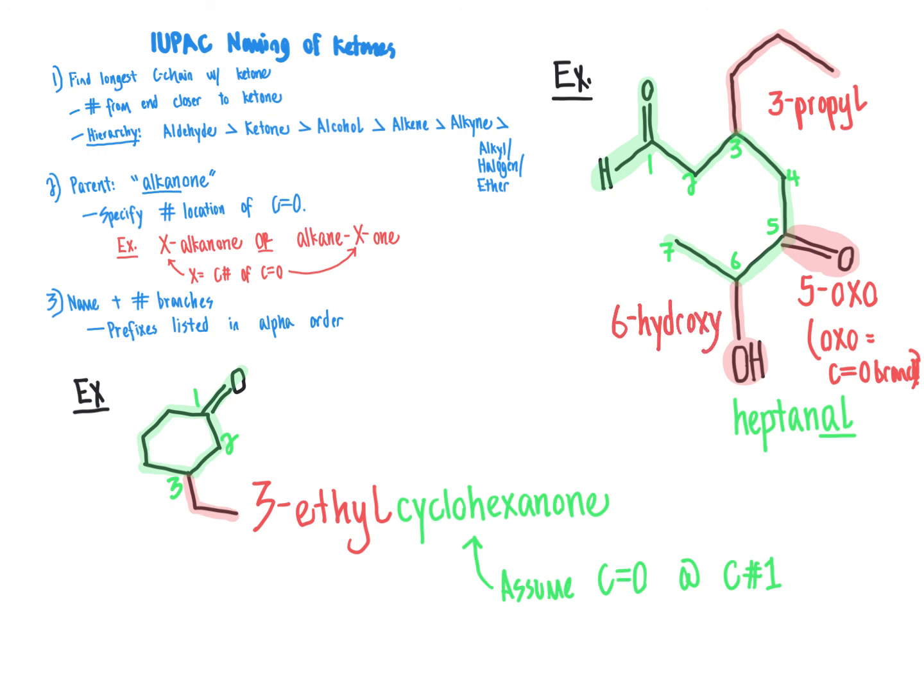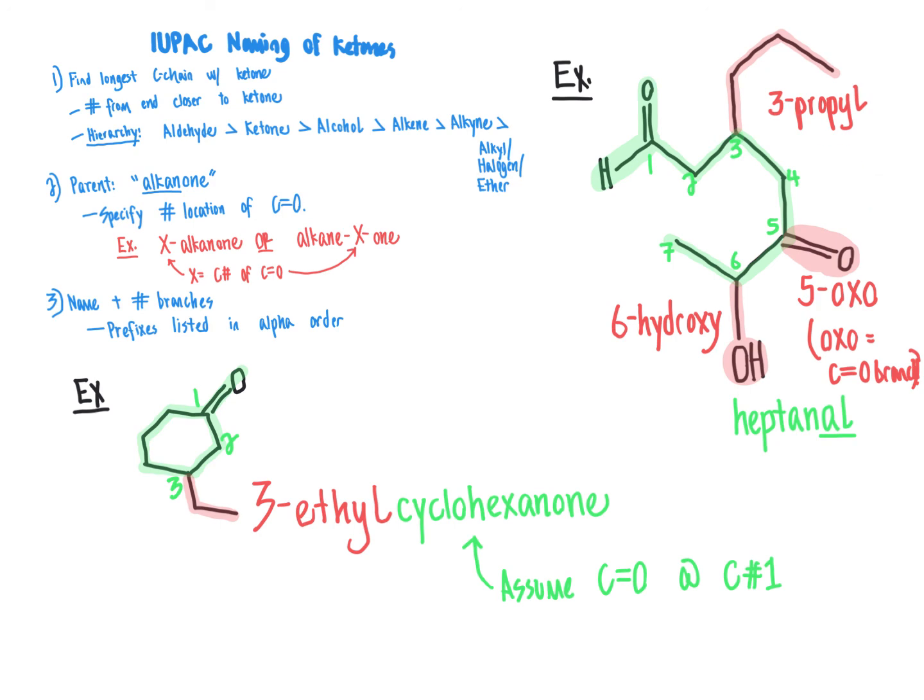Now, we list those prefixes in order, alphabetical order to be specific, in front of the name heptanal. Heptanal was our parent name due to the chain that we came up with in green. Now, listing these in alphabetical order, hydroxy comes before oxo, and oxo comes before propyl.